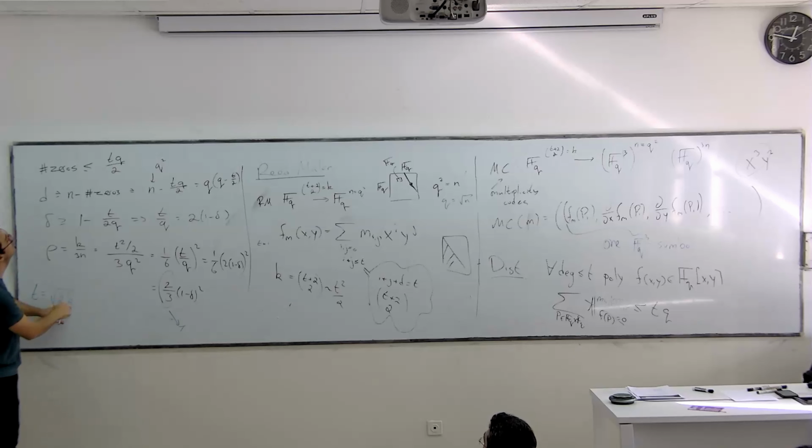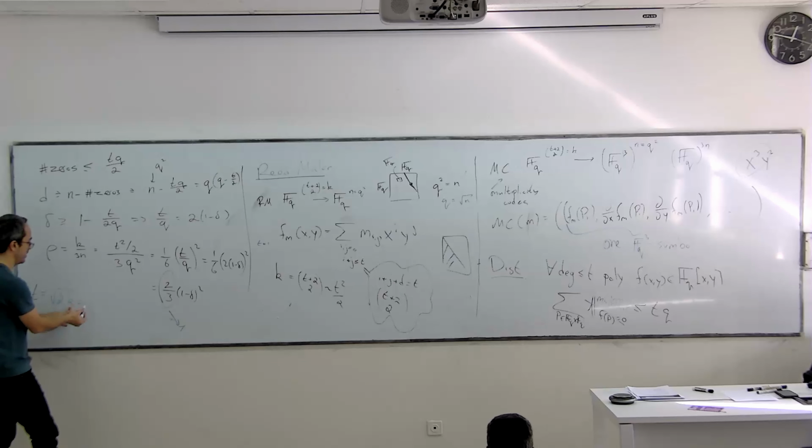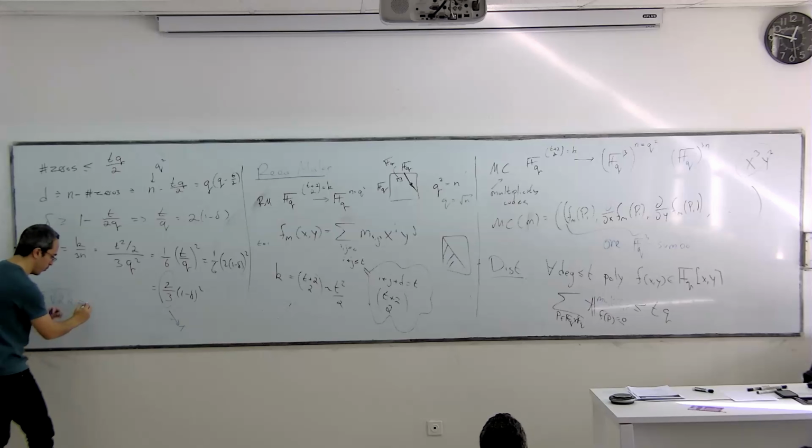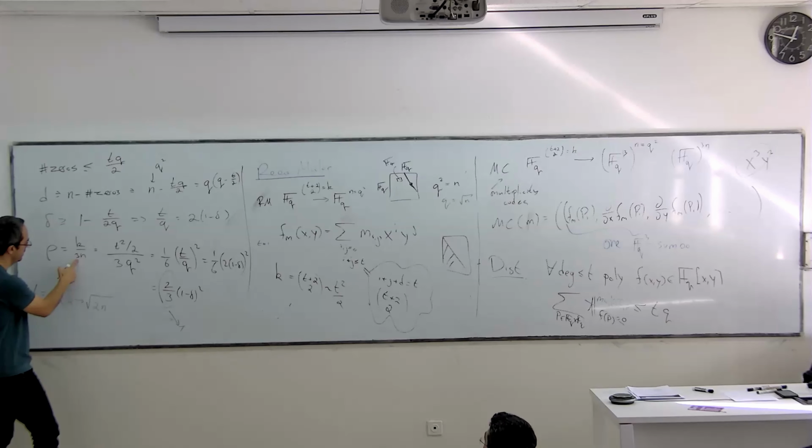And k is, with respect to q, and k could be very close to n. If you think of k, which is really good, you can get k closer and closer to n. Maybe I'm wrong here. Because of that.